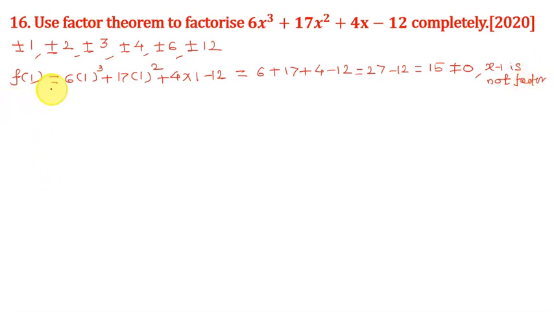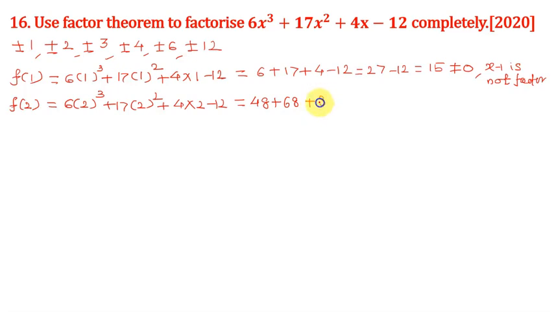What about the next? f of 2, which we take here: 6 into 2 cube plus 17 into 2 square plus 4 into 2 minus 12. 2 cube is 8, 8 into 6, 48. Next, 2 square is 4, 4 into 17, 68.